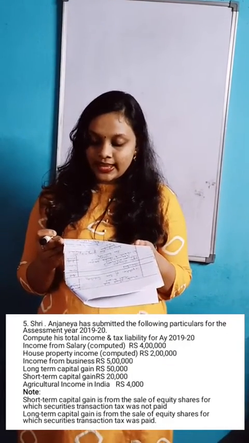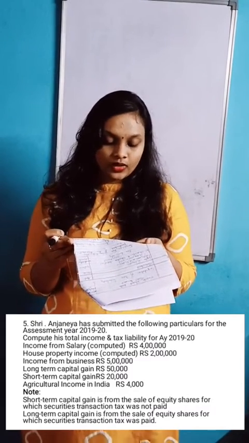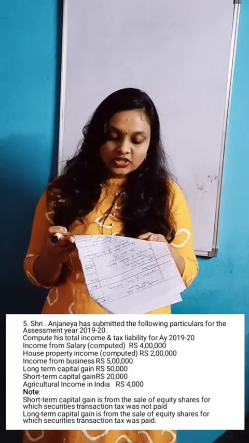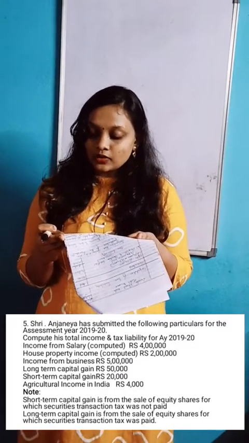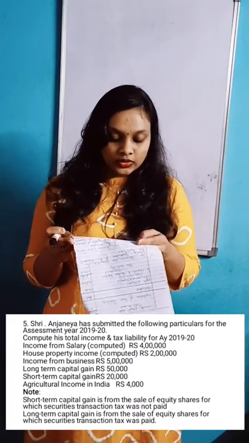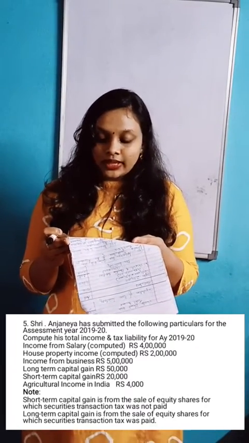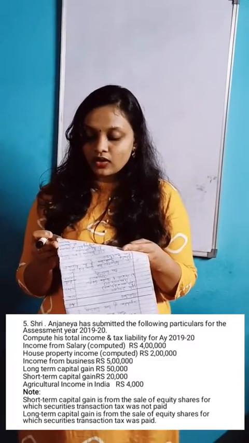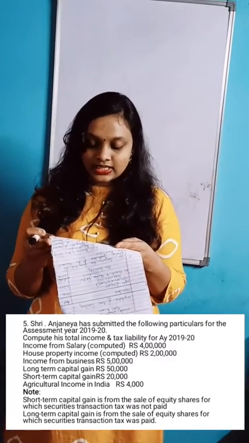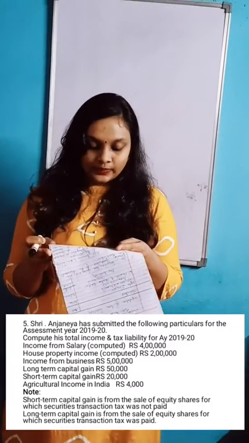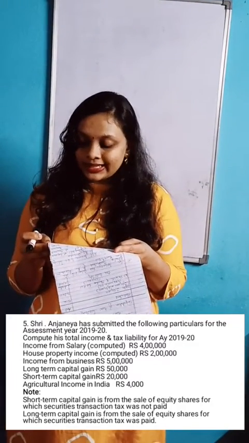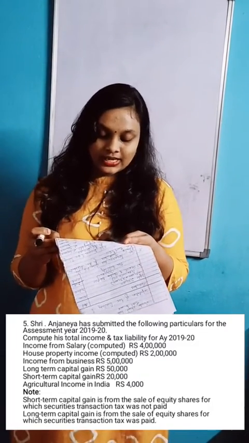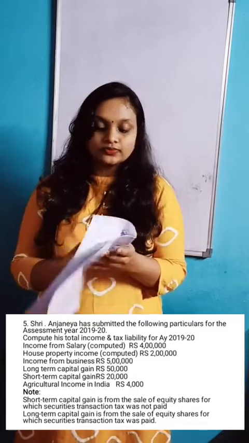Long-term capital gain rupees 50,000. Short-term capital gain rupees 20,000. Agricultural income in India rupees 4,000. So note, short-term capital gain is from the sale of equity shares for which securities transactions tax was not paid. Long-term capital gain from the sale of equity shares for which securities transactions tax was paid.